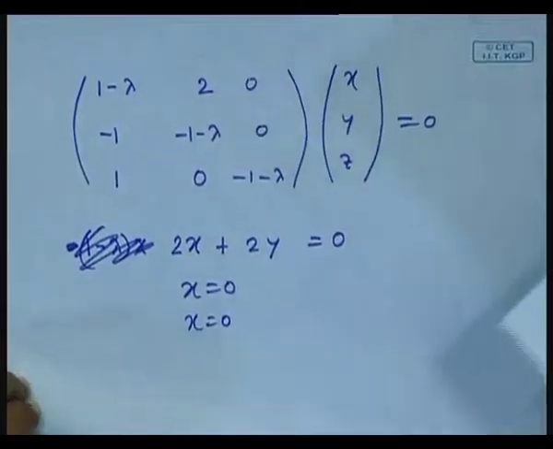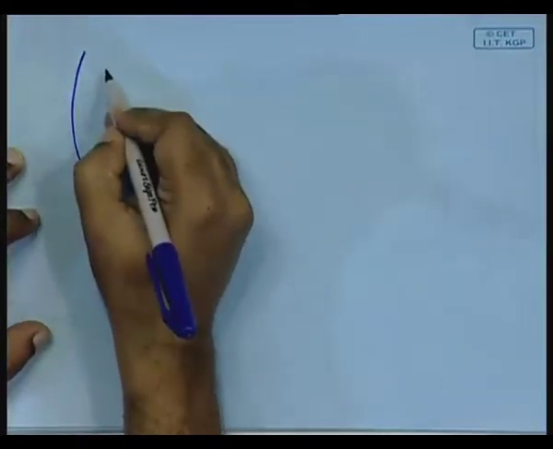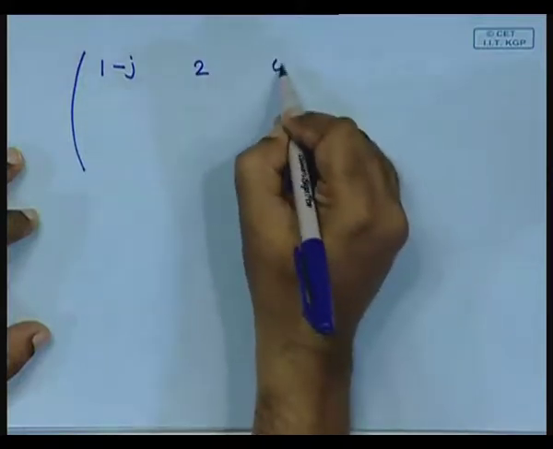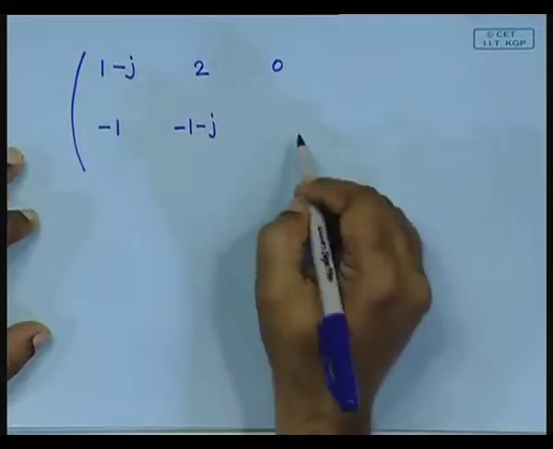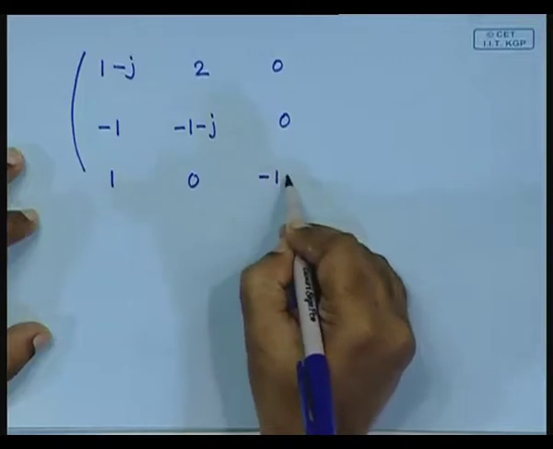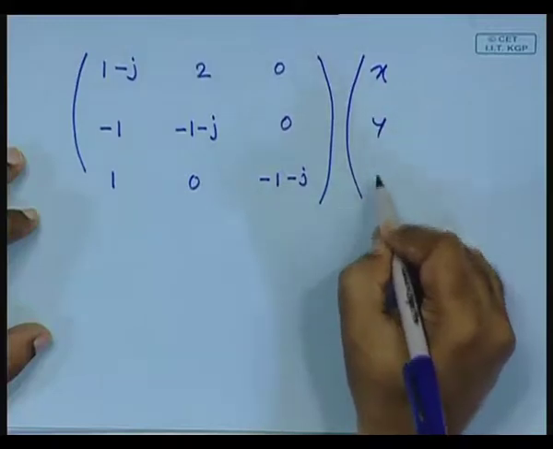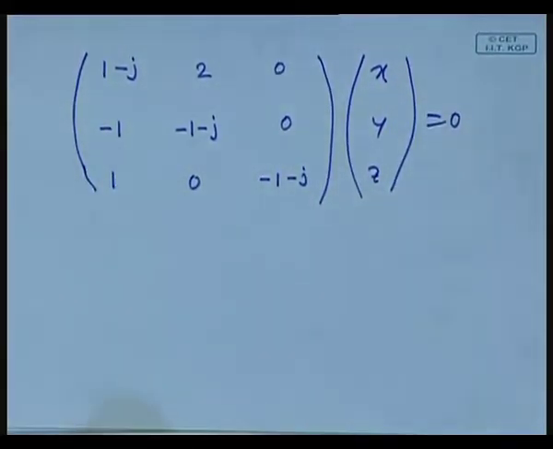Similarly, you do this for say plus j. If you take it as plus j, let me do it because it might be a bit confusing. [1 minus j, 2, 0; minus 1, minus 1 minus j, 0; 1, 0, minus 1 minus j] times x y z is equal to 0. Fine.